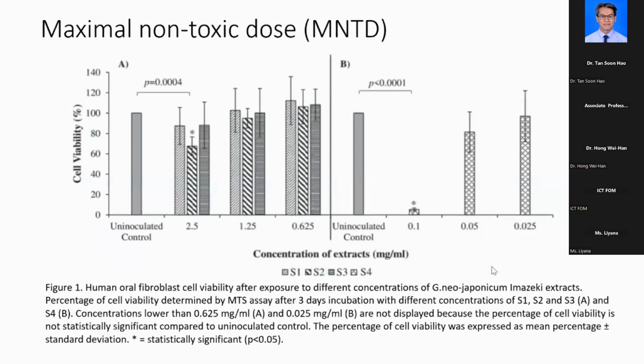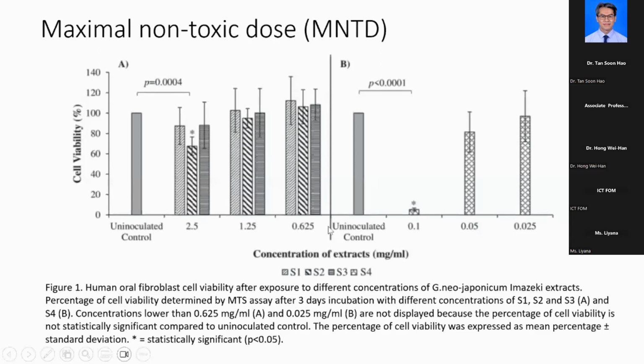Before we can begin, to find the right dosage to test the antiviral activity, firstly we need to know the maximum non-toxic dose, because everything is toxic, if everyone agrees, depending on the dosage that you use. The higher the dosage, of course, the higher the toxic effect. So we need to use a non-toxic dose on the cells. If not, the cells all get killed before they can be infected by the virus, and if the cells die, there is nothing we can test. That is why we need to find a dose that does not show cytotoxic activity on these blood cells.